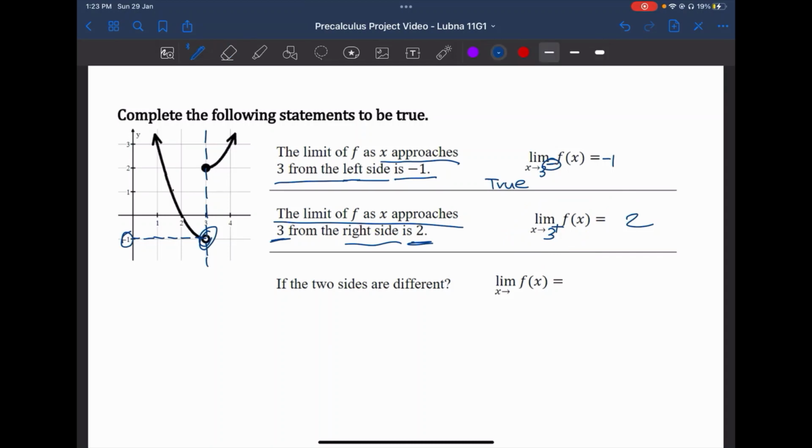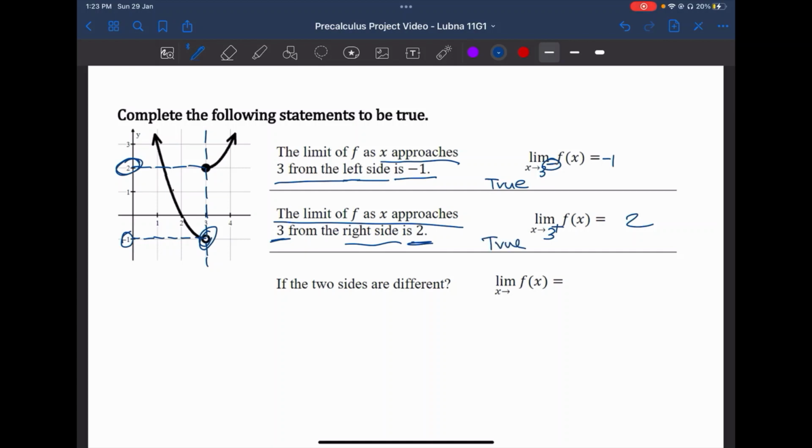We can check this on the graph by going on the line on x is equal to 3 and finding the graph where it goes to the right side. So we have it here, and we can see that the y value is 2. So this statement is also true or correct.